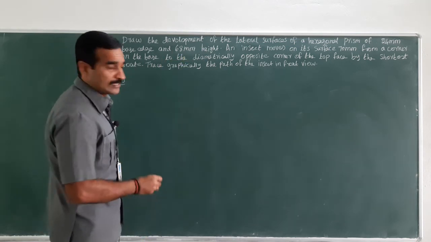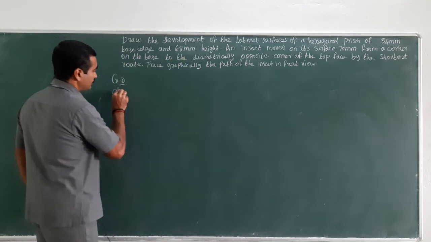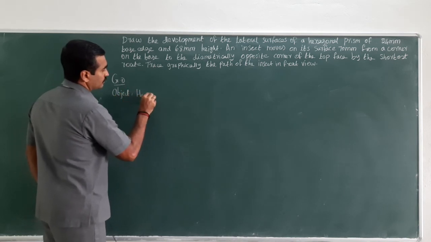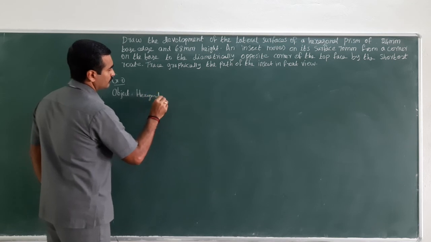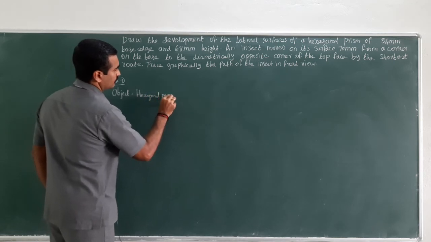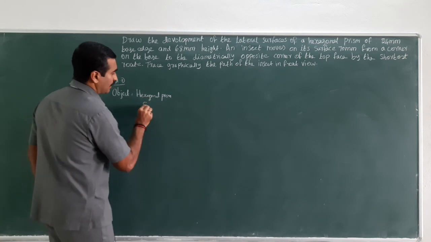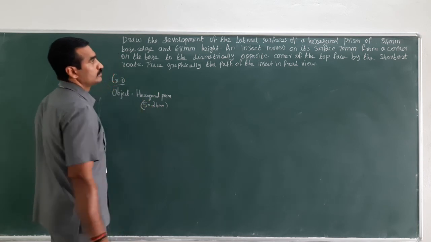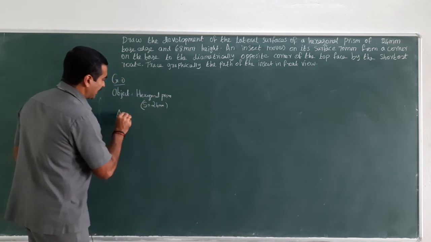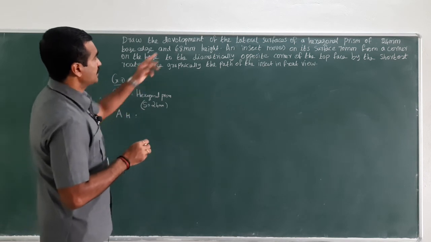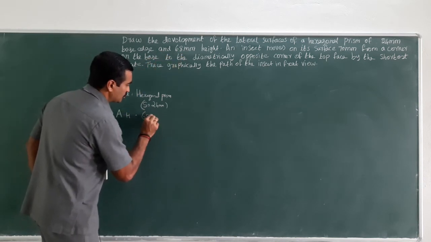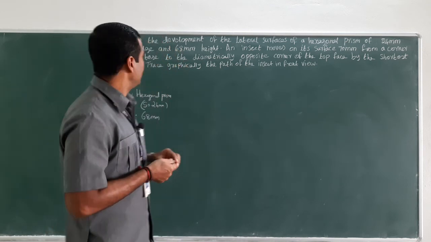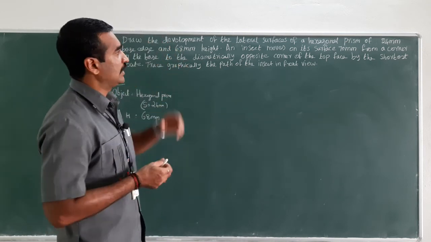here the object is a hexagonal prism of side 24 mm, and the axis height is 68 mm, and the insect moves on its surface 70 mm from a corner on the base to the diametrically opposite corner.